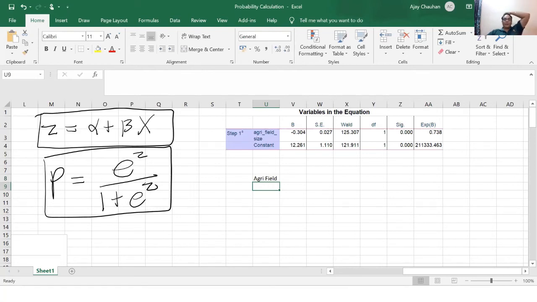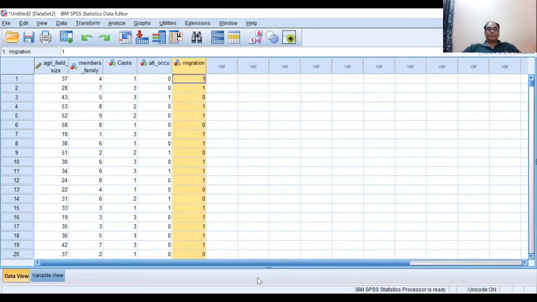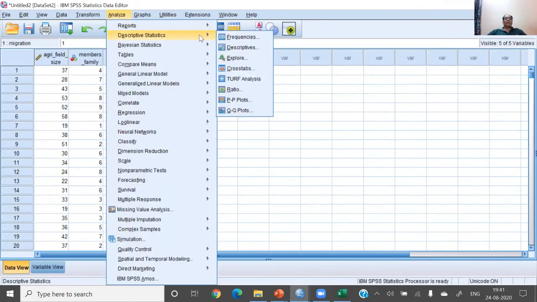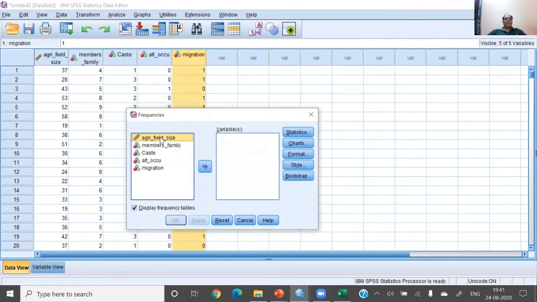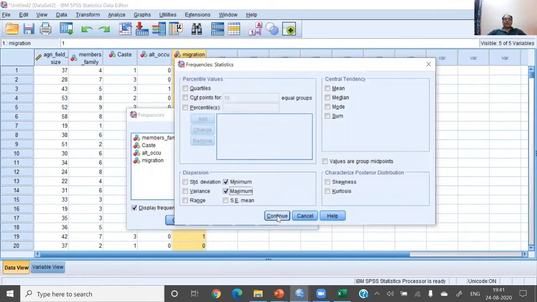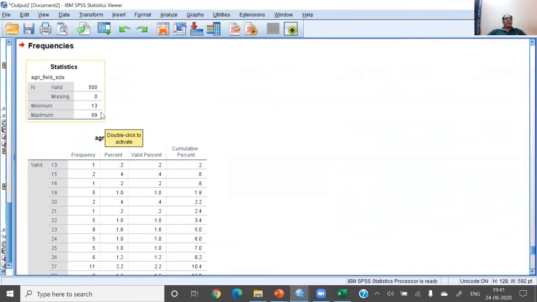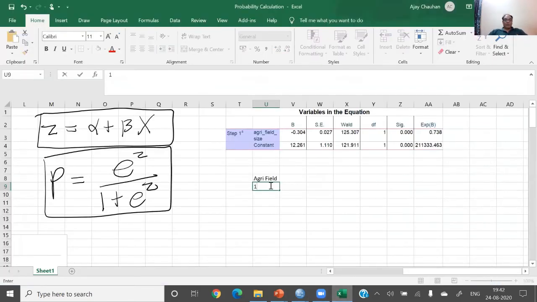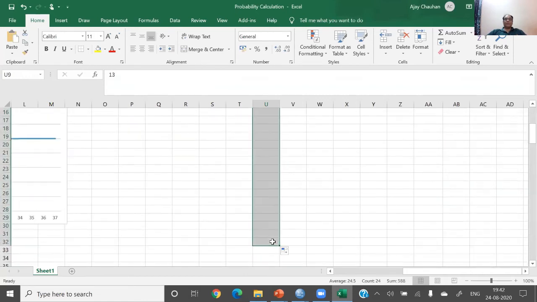So the minimum value is 13, you can see here, and the maximum value is 69. So I'm going to use this here: 13 is the minimum value and the maximum value is 69. Let me drag it up to 69.